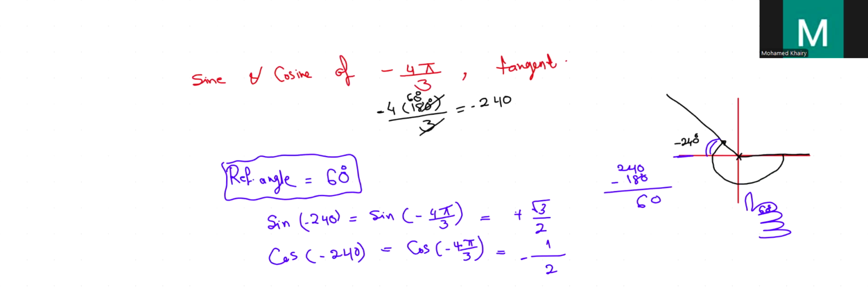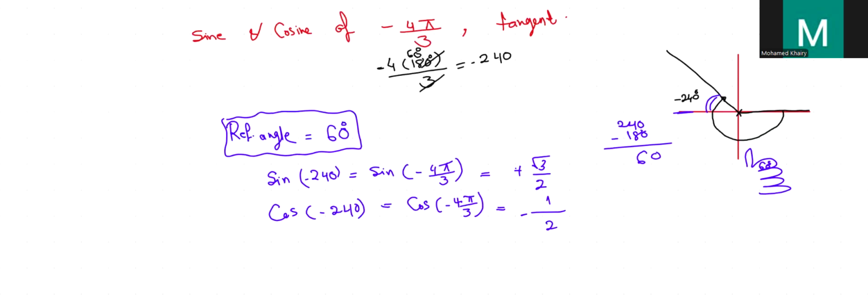Okay? Finally, we are going to find tan. So what is tan? Tan is simply the quotient when we divide sine negative 240 over cosine negative 240. That's why I wrote it here. So what is sine? It's radical 3 over 2, over here half, but with a negative sign.